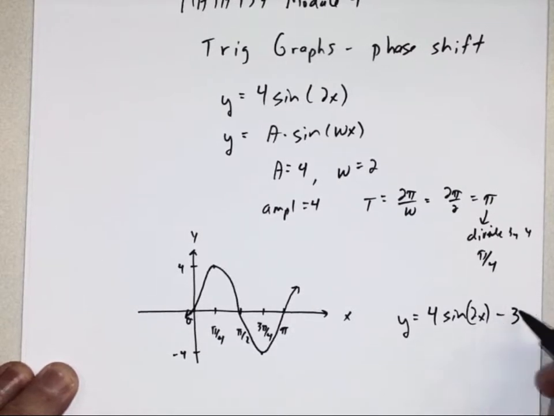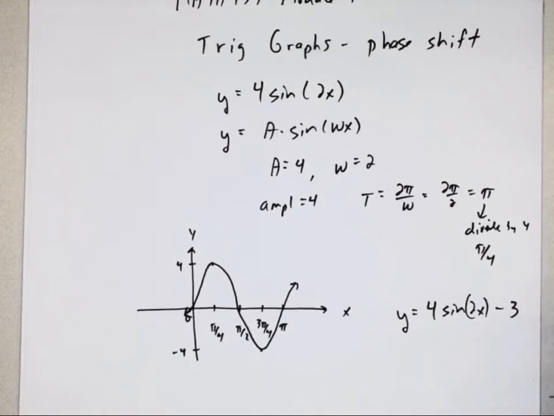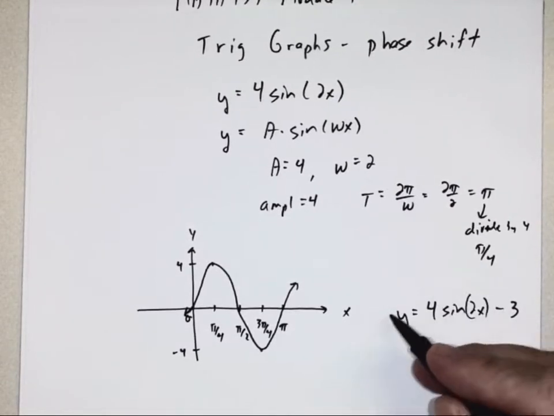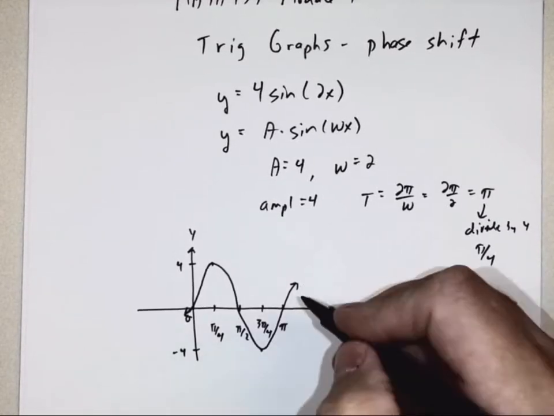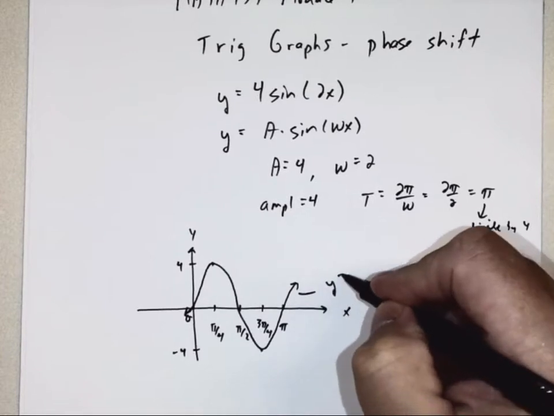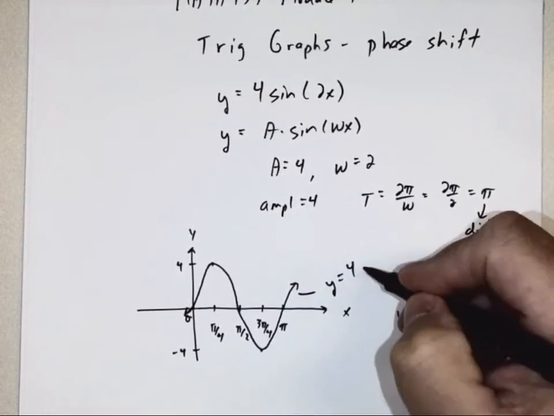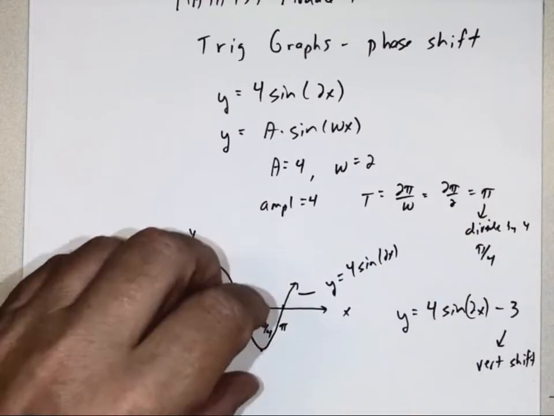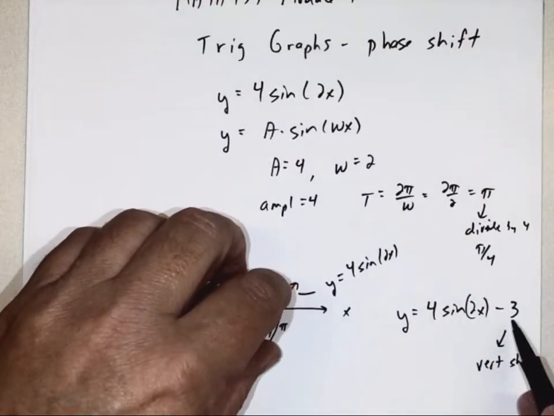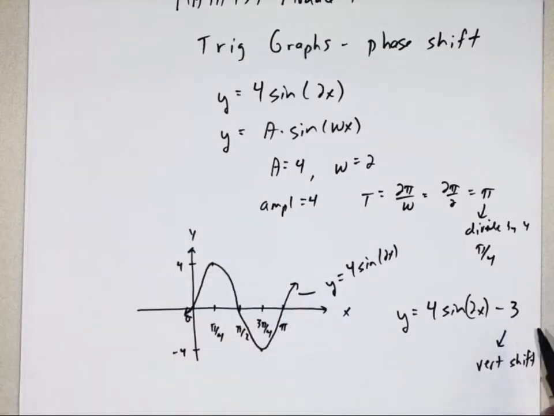Remember, vertical shift is something you add way on to the end by itself. So this is this graph, but now the last thing I'm going to do is a vertical shift of -3. So here is the graph of 4 sine 2x. I'm going to take this whole graph and move the whole graph down 3.